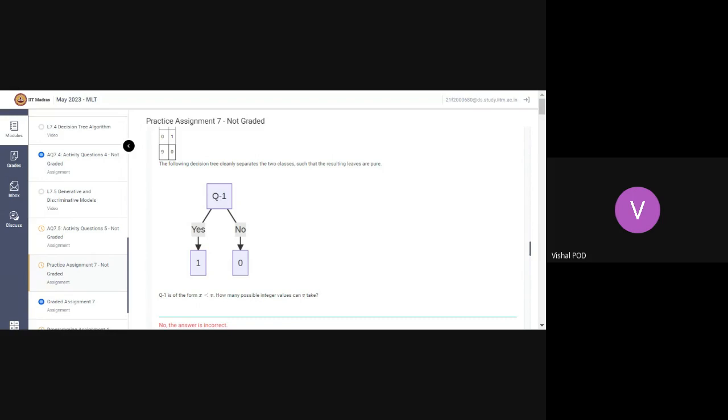So you have been given some data points, right? Let me read the question from the start. Can you scroll up?